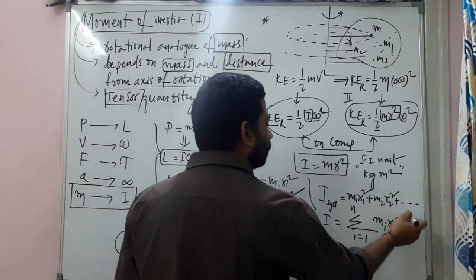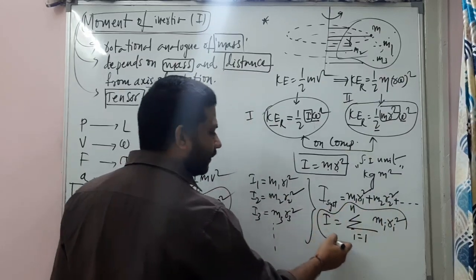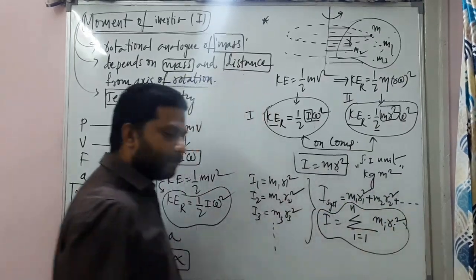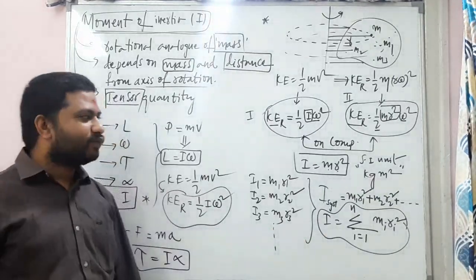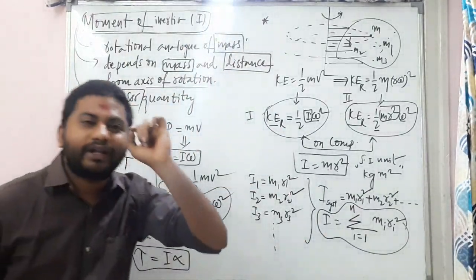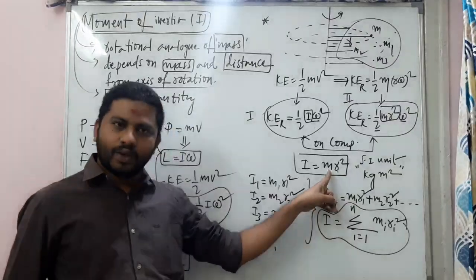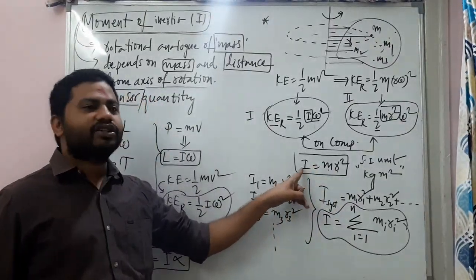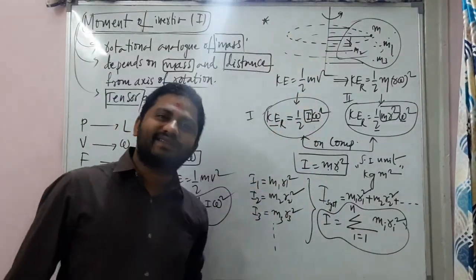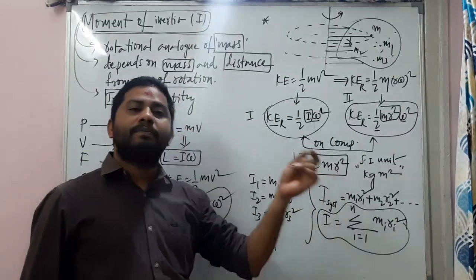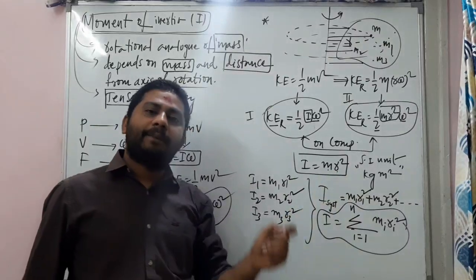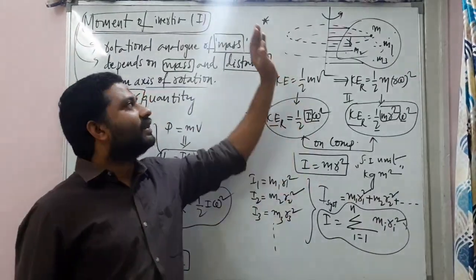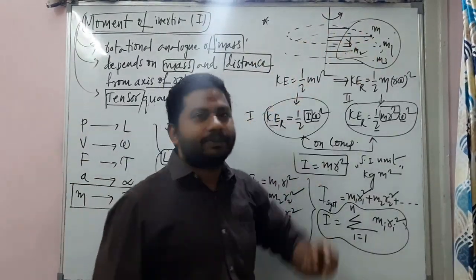This is the moment of inertia of the system expression, my dear students. The moment of inertia of a point mass expression is like this. What is I? Moment of inertia about a particular axis of rotation. What is M? A particular point mass. And what is R? The perpendicular distance between the axis of rotation and that particular mass.